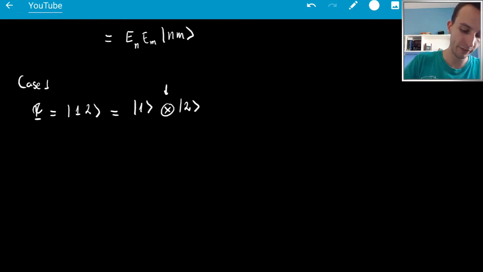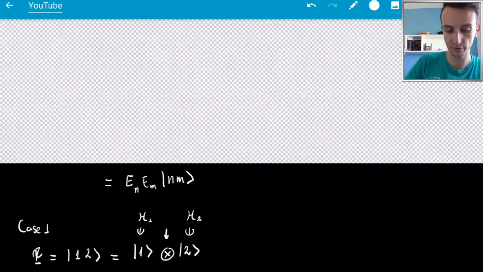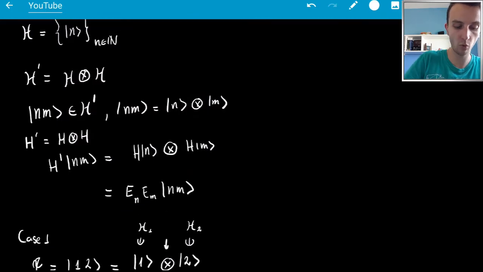Well, what I've done in writing it in this way is I've basically written it as this is an element of h, and this is an element of h, the original Hilbert spaces, and maybe I'm going to index them as h1 and h2. Now this 1 and 2 don't represent this 1 and 2, just the order.